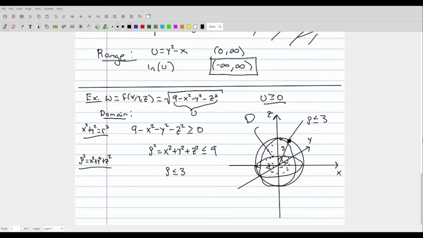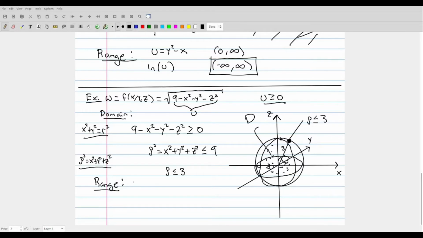Now for the range of this function, we can do the exact same procedure to what we did in 1D, or in 2D. You just again consider the function itself along with what it is in terms of the composition.